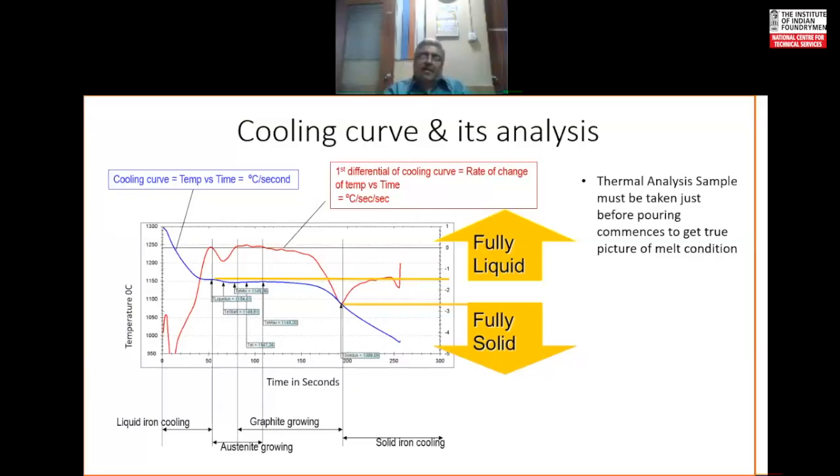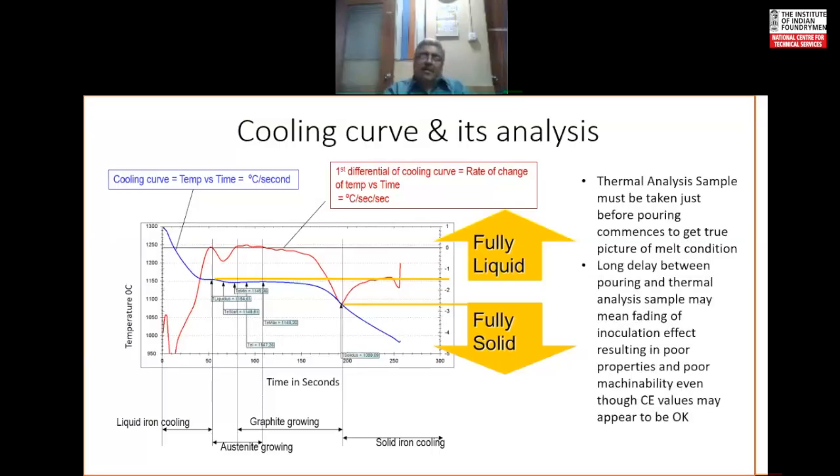The thermal analysis samples must be taken just before pouring commences to get a true picture of the melt condition. That's the point I'm making. Because if there is a lot of gap before the metal is actually poured, then the condition of the melt will change and you will not get the correct microstructure.